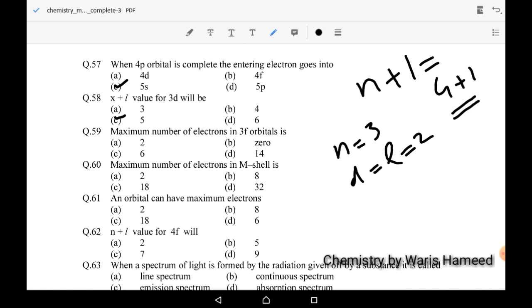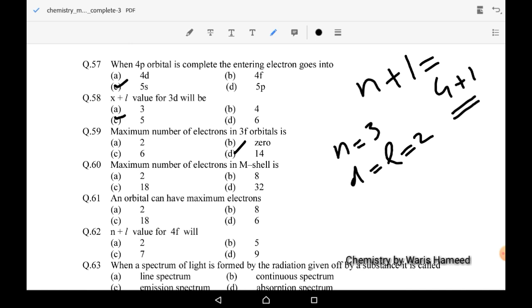Maximum number of electrons in f orbital is 14. We know that s has capability to contain 2 electrons and p has capability to have 6 electrons. d can have 10 electrons and f may have 14 electrons.